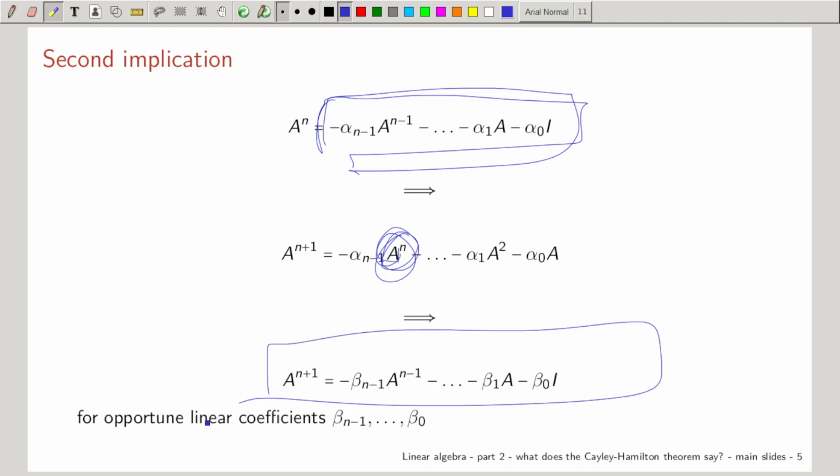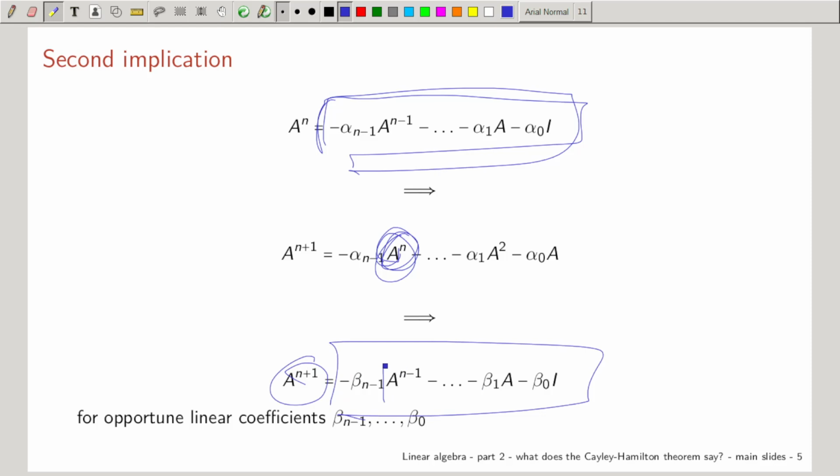I get something that looks like this one. The coefficients are going to be different from before. Together that the coefficients are different, but in nature, this one is linearly dependent on A to the power of n minus 1 up to A to the power of 0. This is an implication from Cayley Hamilton. Do you see that this is an implication from Cayley Hamilton?